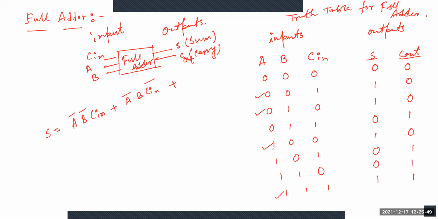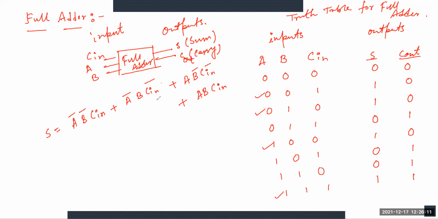Third one means this, A B bar C in bar, and the fourth one is A B C in, this is the last one. So this is the expression for sum.